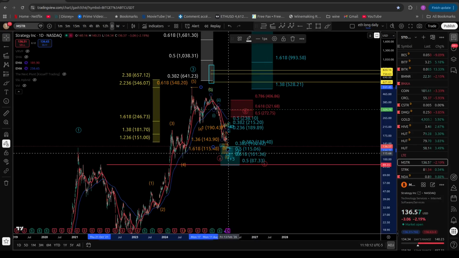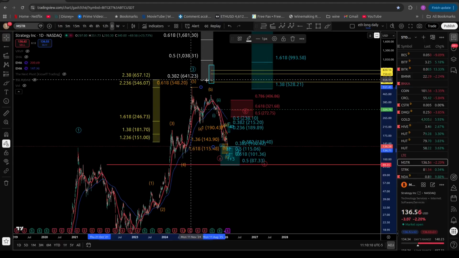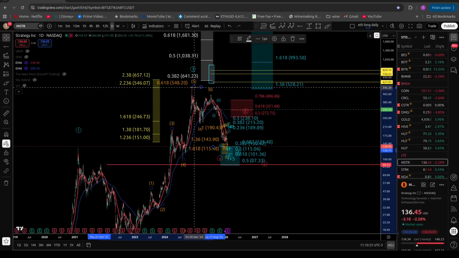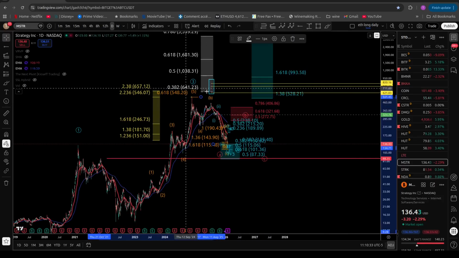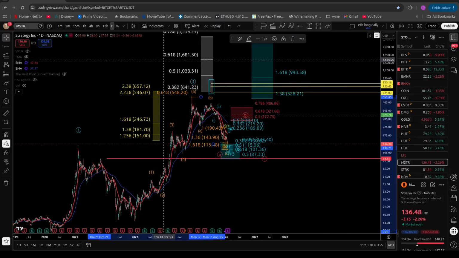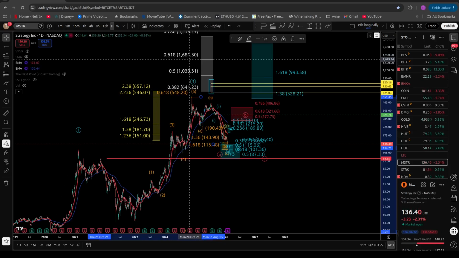Anyway, I don't have any sign that this is reversing this downtrend. But the first level would be 0.382, which would be a little bit off because it's just slightly higher than the previous third wave. 641. The proper one, now, you know, I don't want to make crazy statements, but the following one would usually be the 0.618 at 1681.